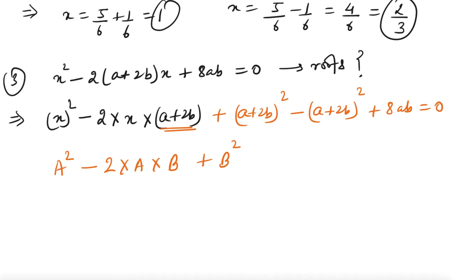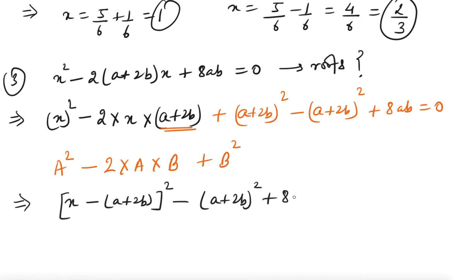Clear? Okay, so now the equation becomes x minus a plus 2b whole square minus a plus 2b whole square plus 8ab equals 0.